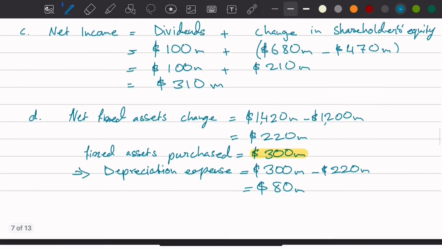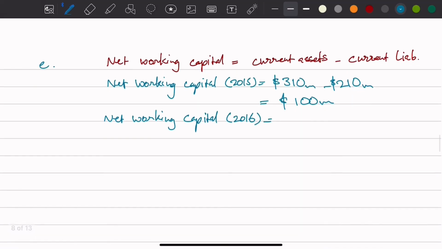So 420 million minus 240 million, and that would be 180 million.